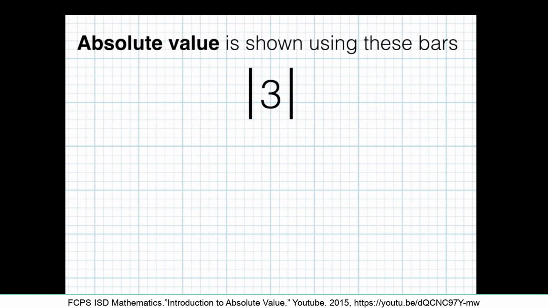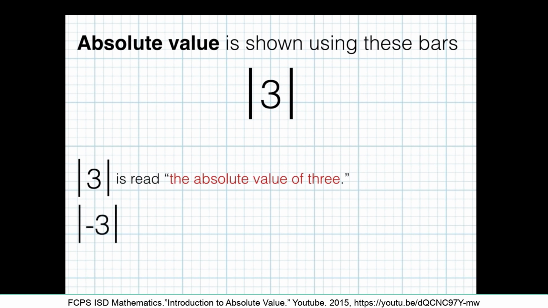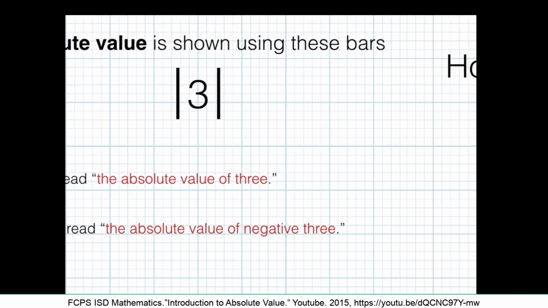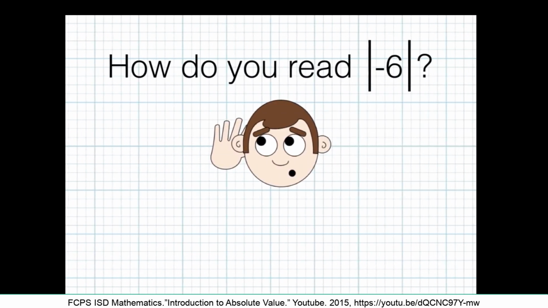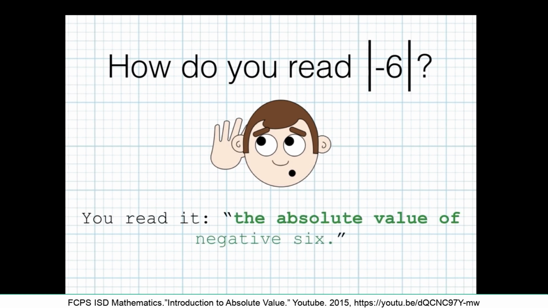Absolute value is shown using these bars. So this is read the absolute value of 3. And this is read the absolute value of -3. That's right. You read it the absolute value of -6.